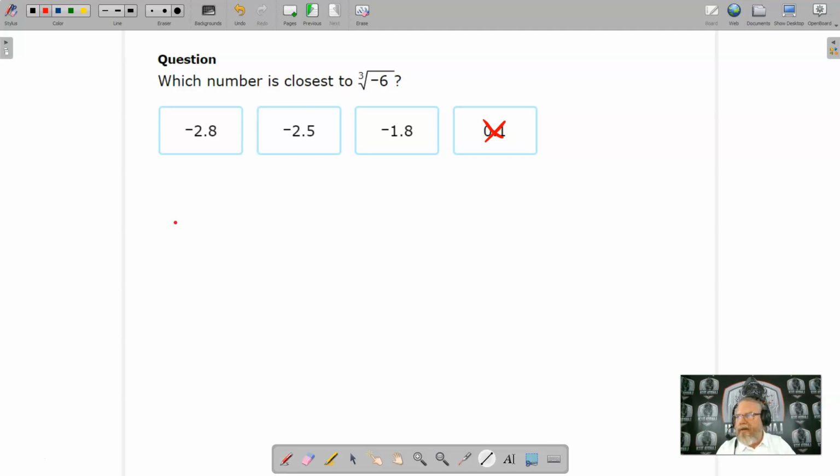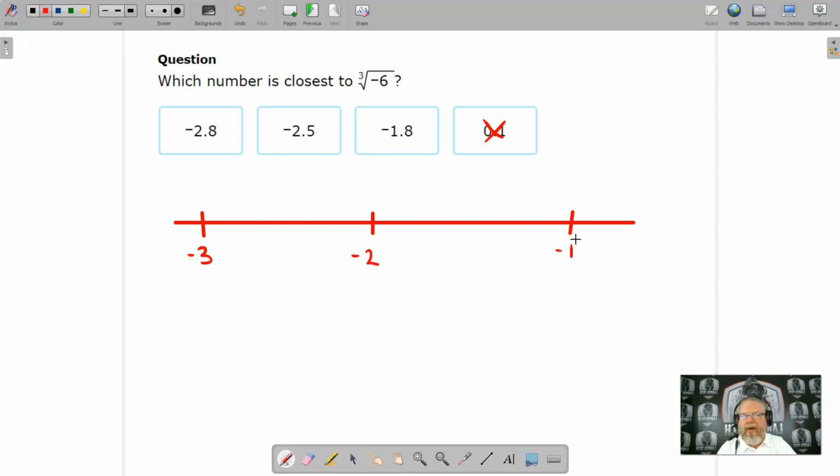I think we could go ahead and do a number line here, and let's take some numbers that we do know. Let's go with negative 1, negative 2, and negative 3. Negative 1 times negative 1 times negative 1 is going to produce a negative 1. Negative 2 times itself three times produces negative 8.